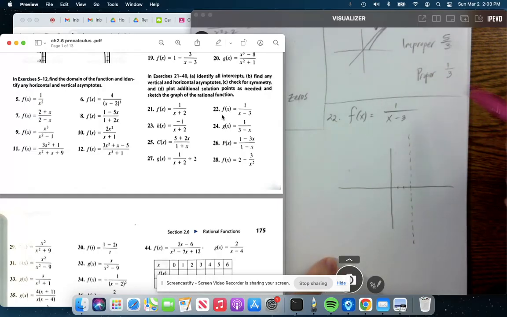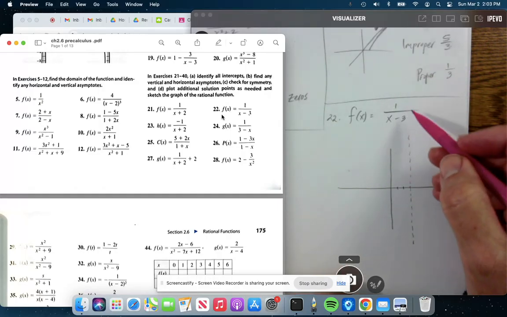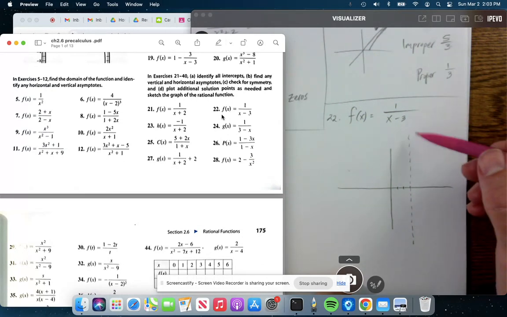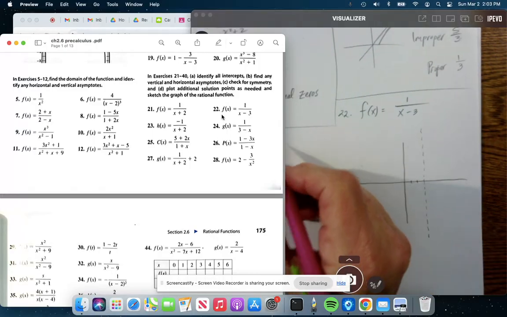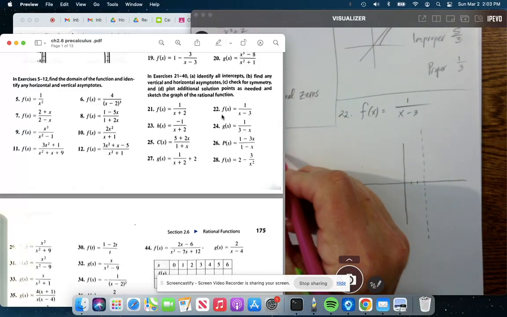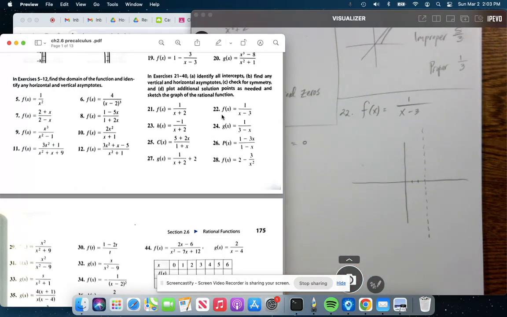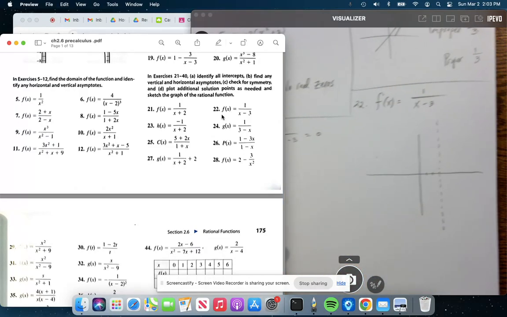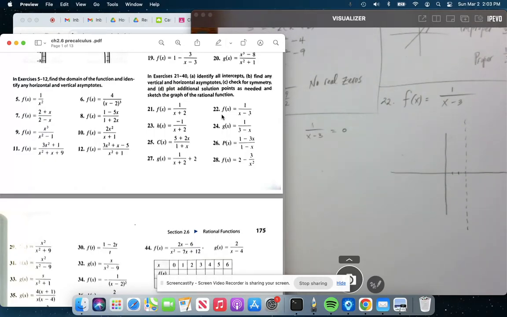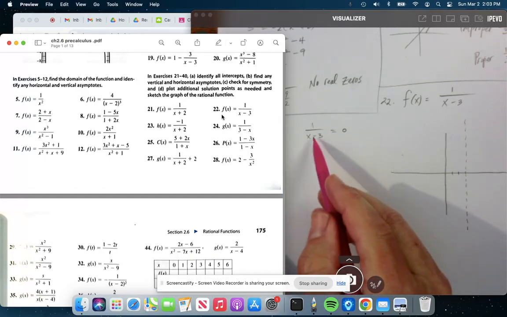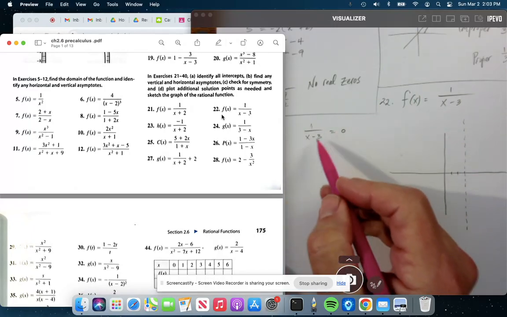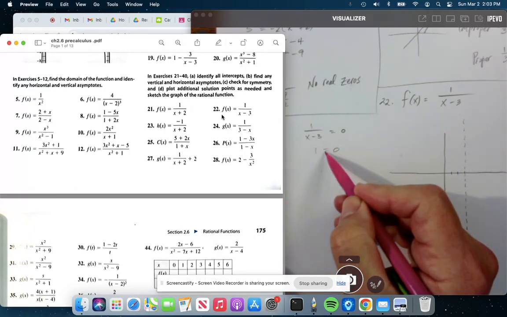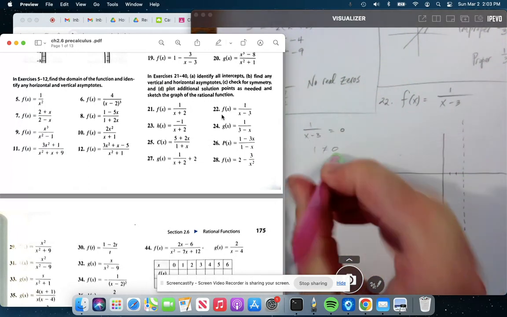Can this equal 0? I don't believe it can. If I try to solve 1 over x minus 3 equals 0, is there any way that can happen? If you multiply both sides by x minus 3, it goes away, and you end up with 1 equals 0, which is nonsense. 1 does not equal 0, so it's impossible.